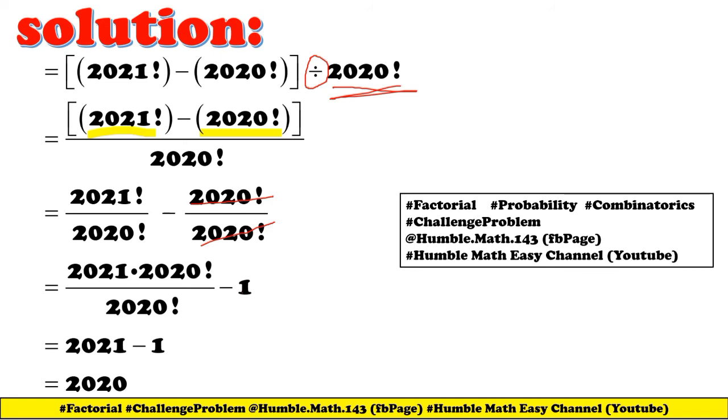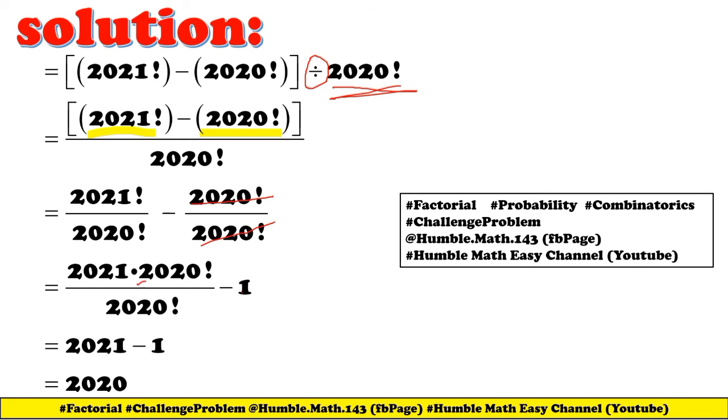Then 2021 factorial is just the same as 2021 times 2020 factorial, because by the definition of factorial, a certain number is taken in descending order as its factors. So the value of 2021 factorial is the same as 2021 times 2020 factorial.